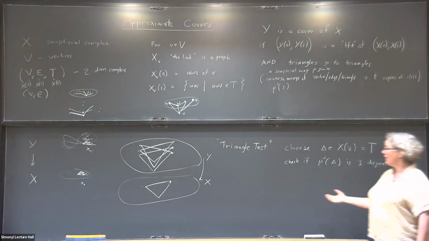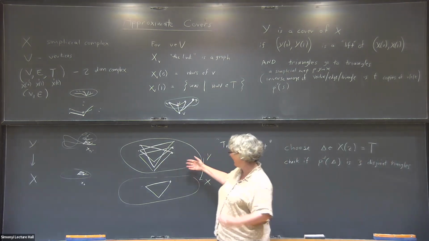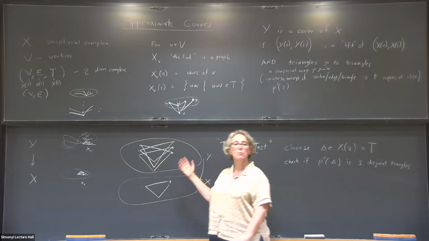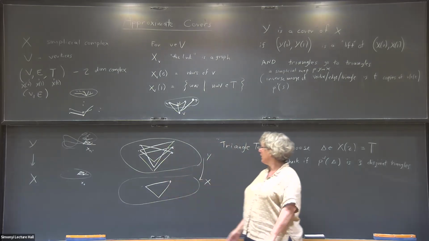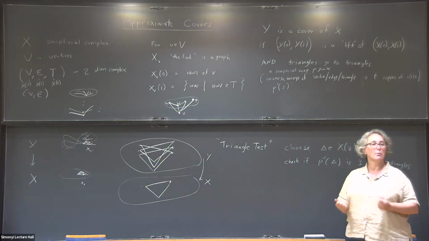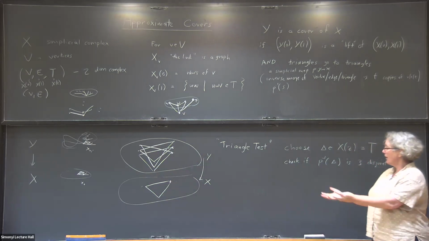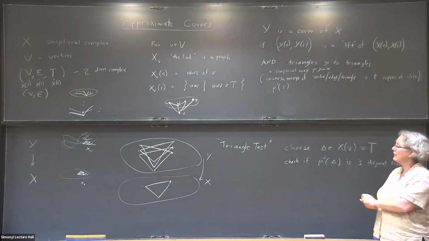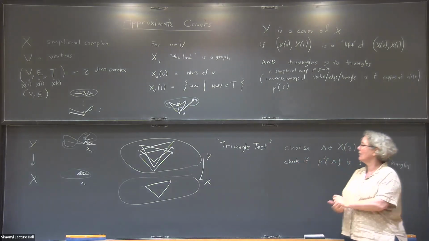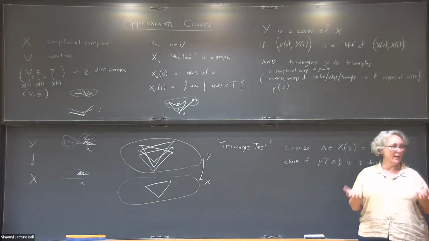Okay, so the way I defined being a cover, I mean, it's not me that defined it, but the way it is defined is that the triangle test passes with probability 100%. Now I'm asking, okay, what kind of objects pass this test with probability 99%? If you tell me that you have such a cover and it's a 1 minus epsilon cover in the sense that it passes all but epsilon fraction of these tests, is it close to an actual cover?